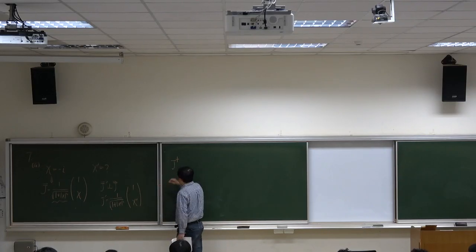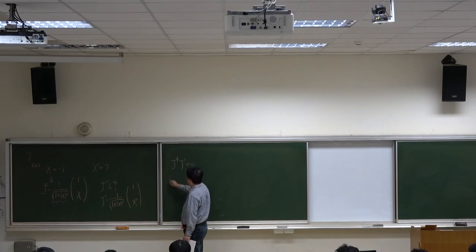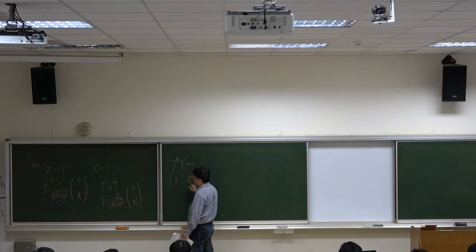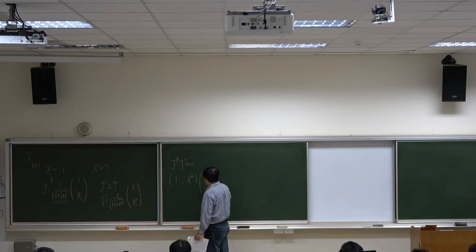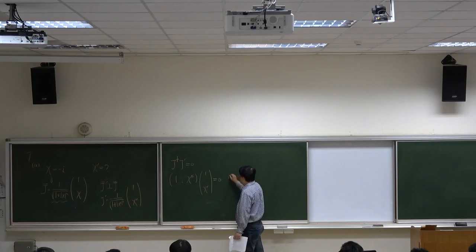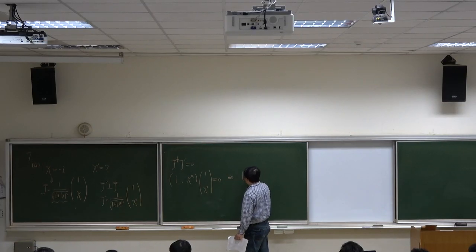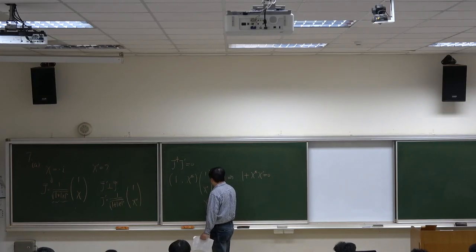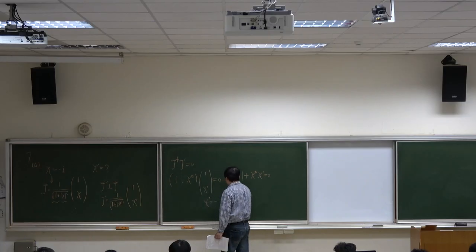Orthogonality means J dagger times J prime equals 0. So this means 1 chi star times 1 chi prime equals 0. So this is 1 plus chi star chi prime equals 0. So this means that chi prime is equal to minus 1 over chi star.